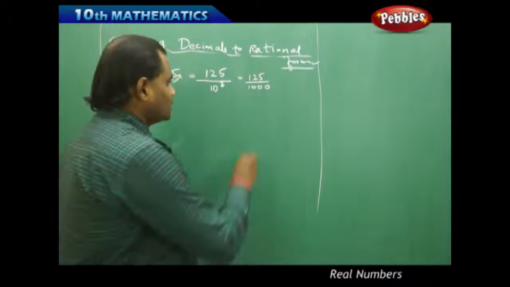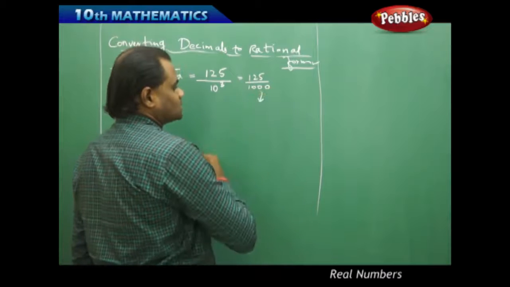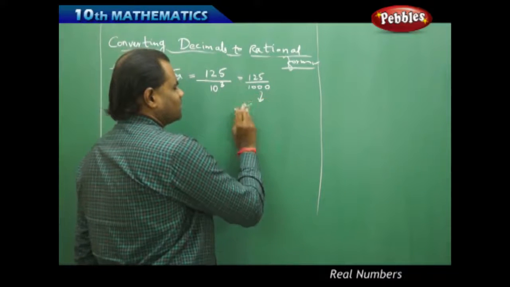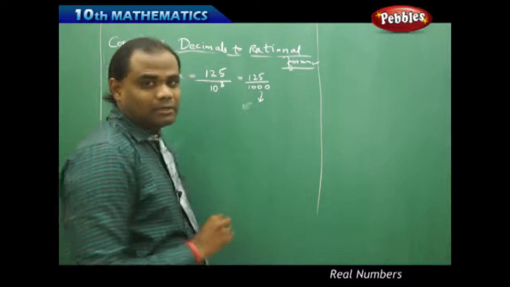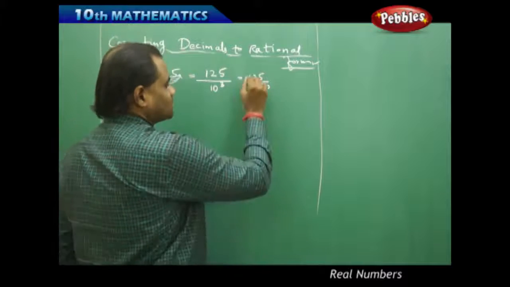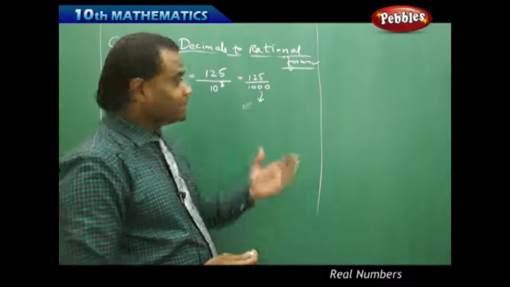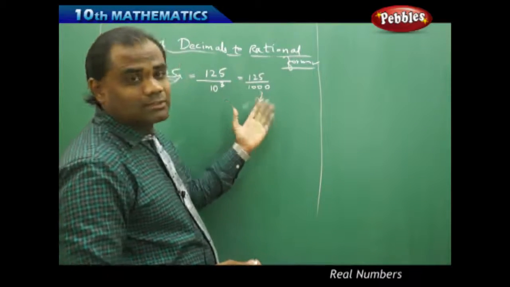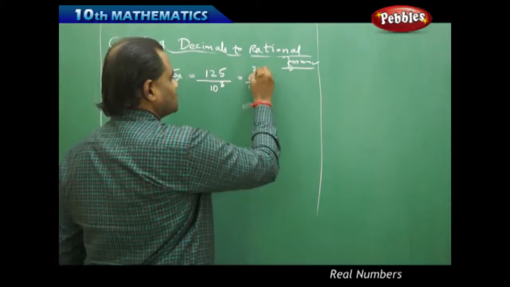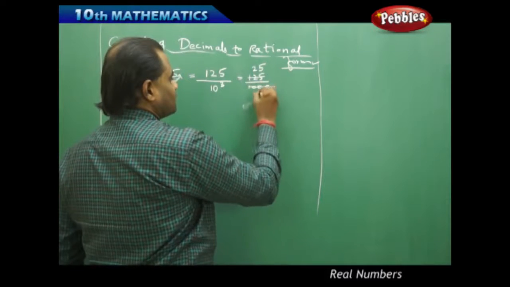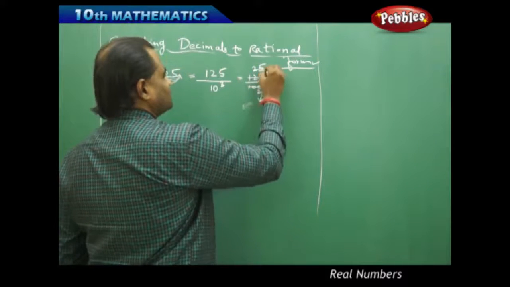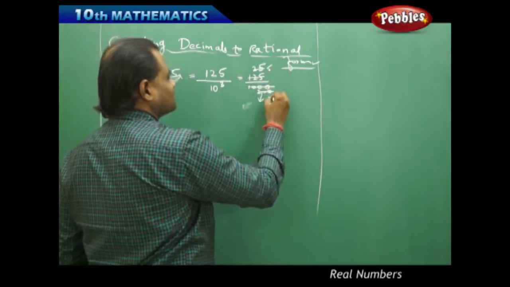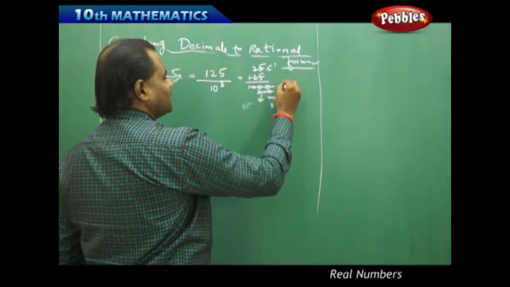But how do I give the most simplified answer for this? I want the most simplified answer for 125 divided by 1000. So in this case, when I want to further simplify, I can divide this by 5, where I get 5 2s are 10, 5 5s are 25, 5 200s are 1000, so 5 5s, 5 40s, 5 1s, 5 8s.